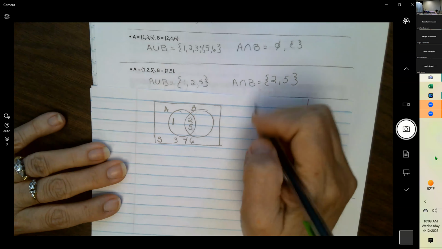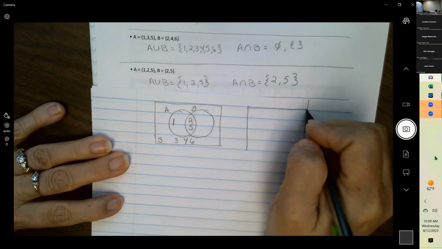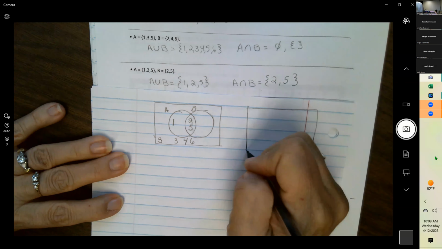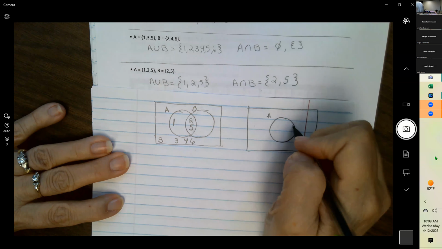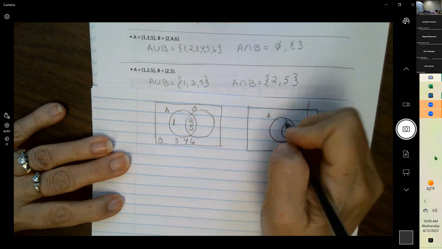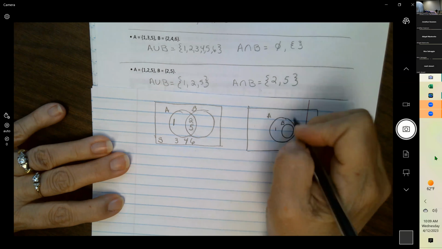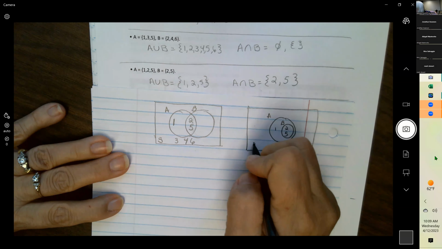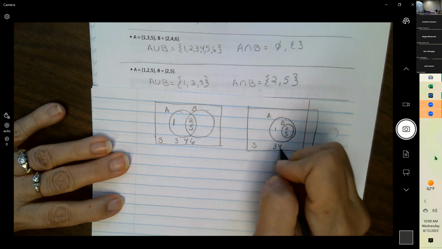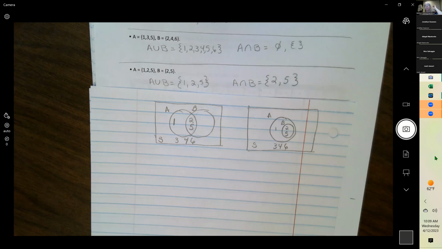Sometimes what they'll do then is put that whole circle inside it. So we have A, and then it'll go B, to show that B is all inside A. Neither one is wrong.